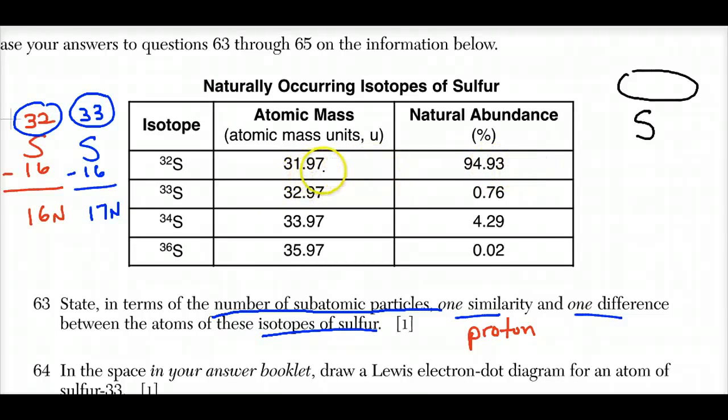So you take 31.93 and you're going to multiply that by 0.9493, right? Going to make that percentage. So moving that decimal place over 2 places. This one goes over 2 places. So this becomes multiplied by 0.0076. Move this one 2 places.